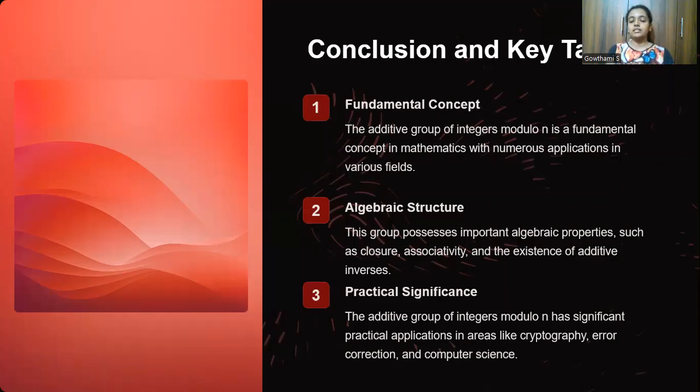Practical significance: the additive group of integers modulo n has significant practical application in areas like cryptography, error correction, and computer science. So in this video, we saw what the additive group is, we saw the definition, the statements, and the properties of it, we tried proving it by taking an example of a sum, and we concluded by knowing the applications.